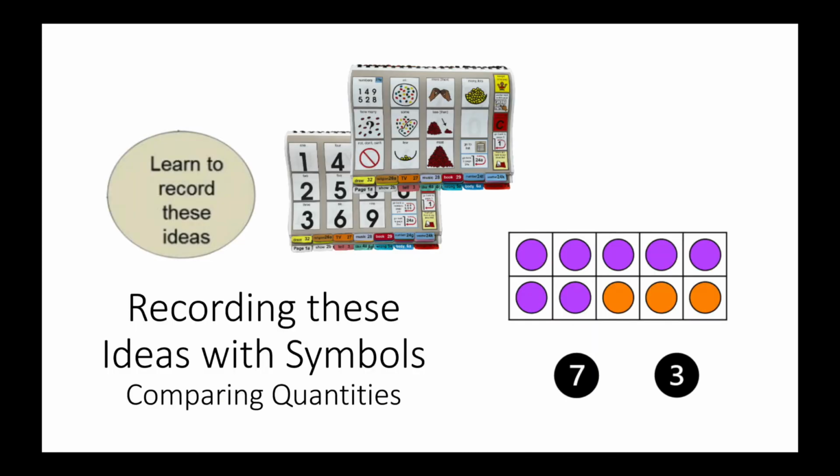So the third part of this formula is learning to record the ideas using symbols. This is the abstract. If we're comparing quantities, we can talk about numbers, the numerals, the symbols in POD. That, of course, exists. We can also represent it in other ways. It's just about connecting the quantity to the numeral and just showing students, hey, these two things are connected and they mean the same thing.